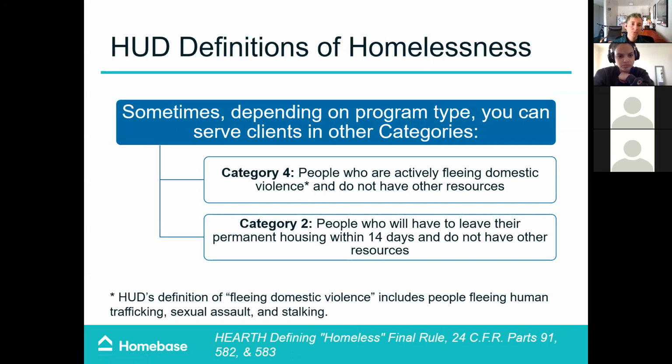The question is for category 4, can someone who is trying to flee and still living in the violent situation be considered category 4? Yes. Yeah, they can absolutely be considered category 4. I believe that that first part of the definition is that their primary residence is unsafe. I would have to look up the specific definition, but it does include people who just need and want to leave. Yeah.